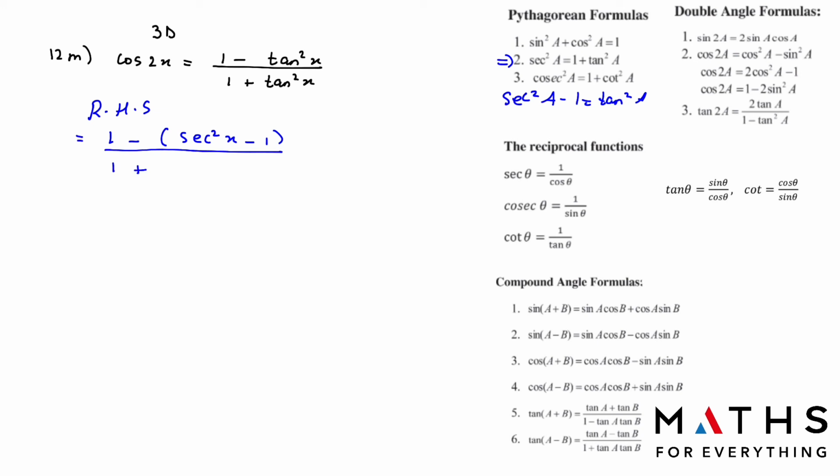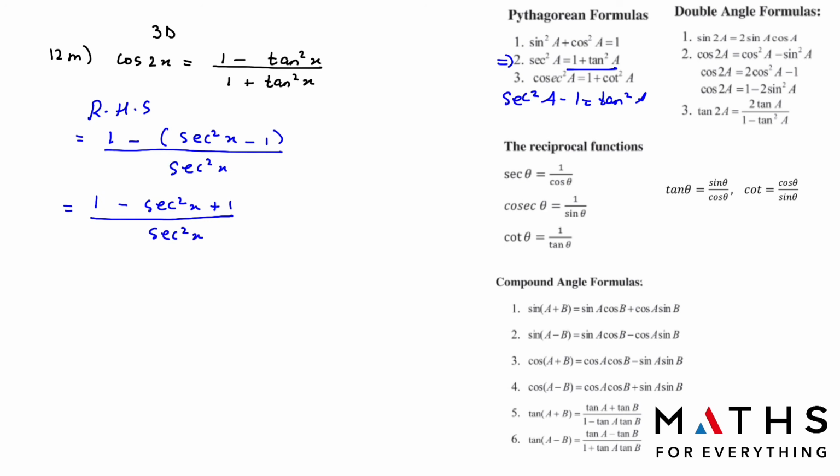And in the denominator, it will be the same. 1 plus tan square a is equal to sec square x. So I don't need to write the 1 plus here. It's going to be sec square x. When you expand the bracket, you will get 1 minus sec square x plus 1 over sec square x.